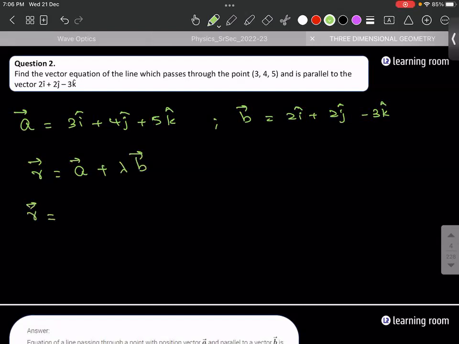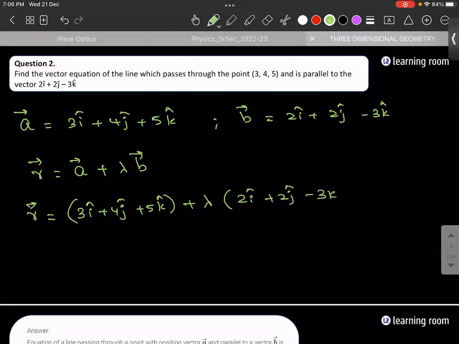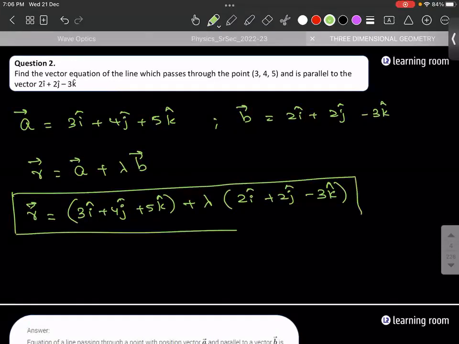So R vector will be equal to 3i cap plus 4j cap plus 5k cap plus lambda into 2i cap plus 2j cap minus 3k cap. Right? So this is going to be the equation of the line which passes through the point and is parallel to the vector. Right? Next.